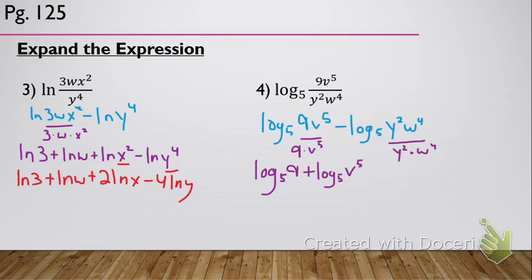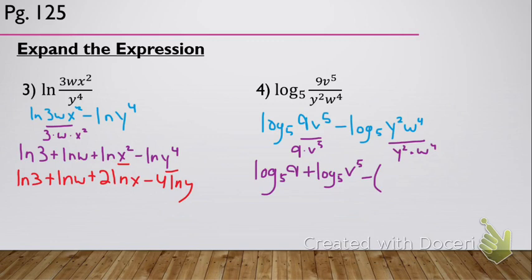b to the 5th. Now here's the detail that I want us to take a note of on number 4. So we have minus log of y squared times w to the 4th. And we're expanding that, but we still are subtracting this whole logarithm, okay? So we do subtraction. We need parentheses. You need parentheses, okay?